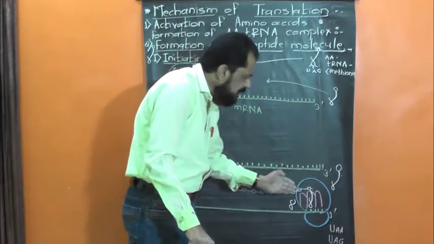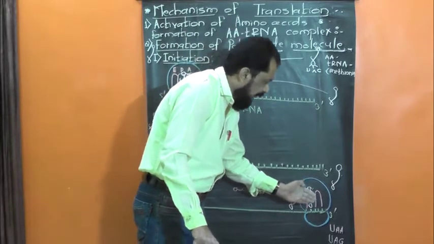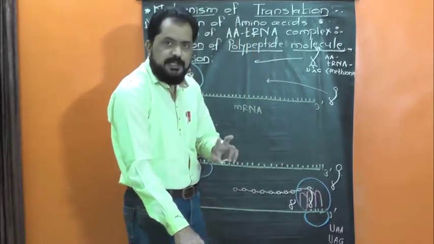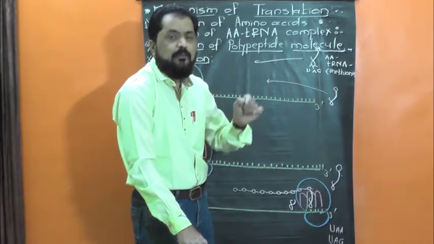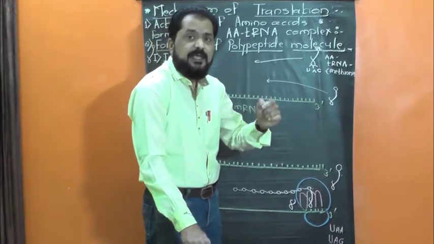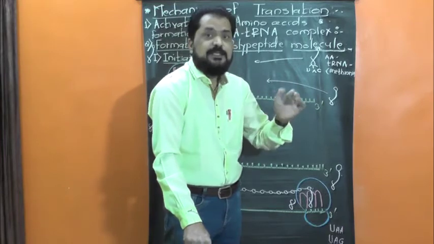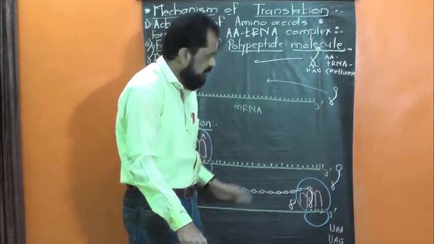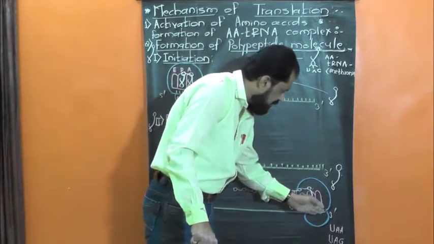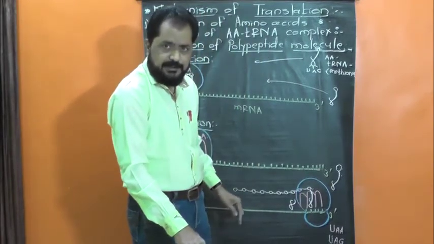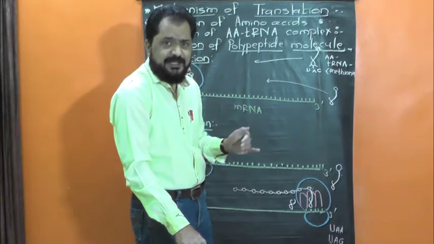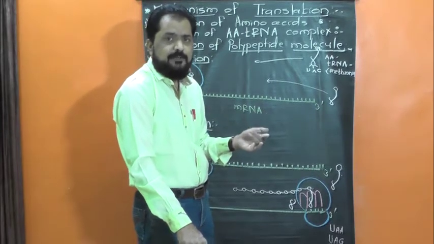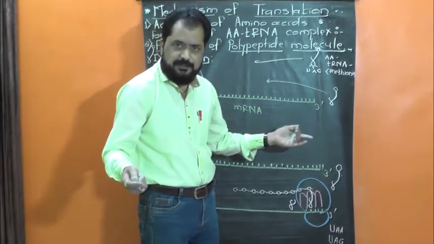Therefore, as the ribosome reaches at the 3' end, there is no chance of new incoming AA-tRNA complex carrying new amino acid. पर्यायाने या ठिकाणी हा रायबोझोम 3' एंडला पोहोचल्यानंतर आता नवीन AA-tRNA कॉम्प्लेक्स नवीन अमायनो ऍसिडला घेऊन येण्याची शक्यता नाही.